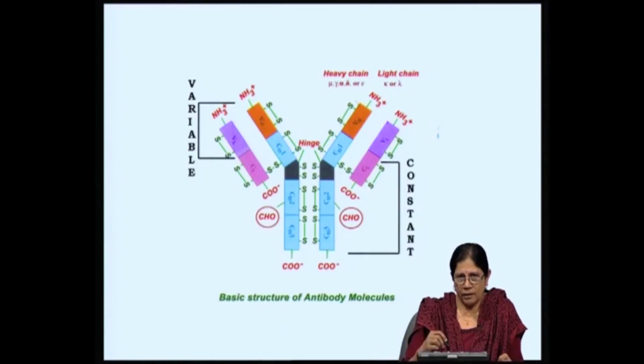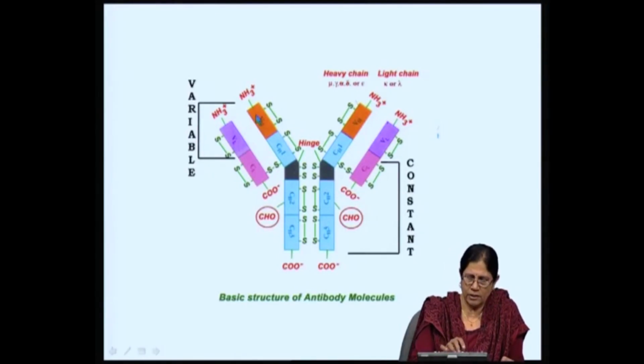I would like to once more introduce to you constant versus variable regions on immunoglobulin. Now, the same thing also is seen as antigen receptor as well as antibodies. You have the variable region which has been chalked out here.